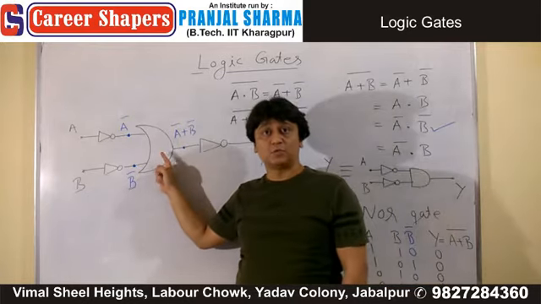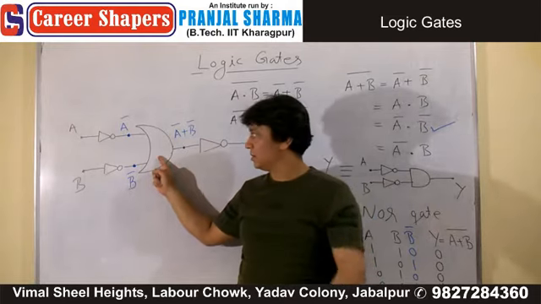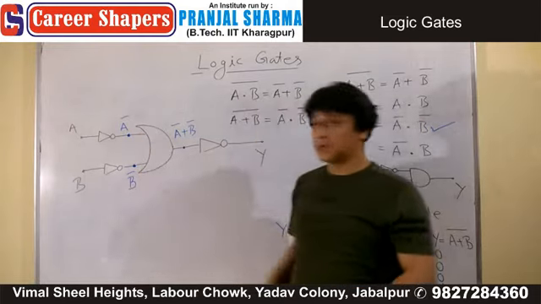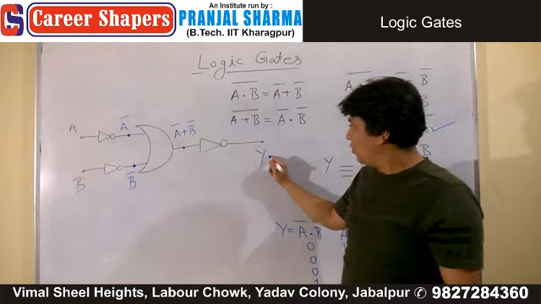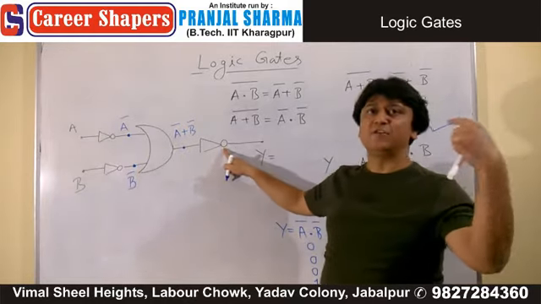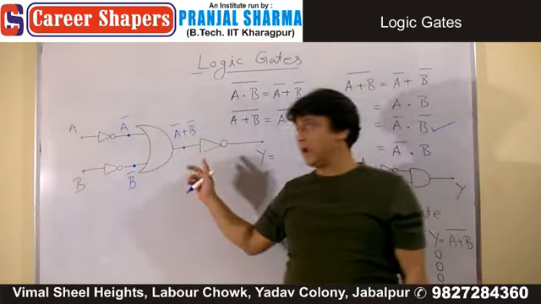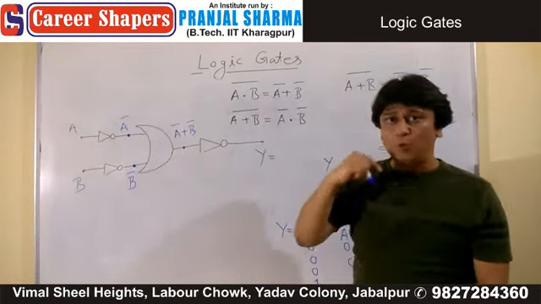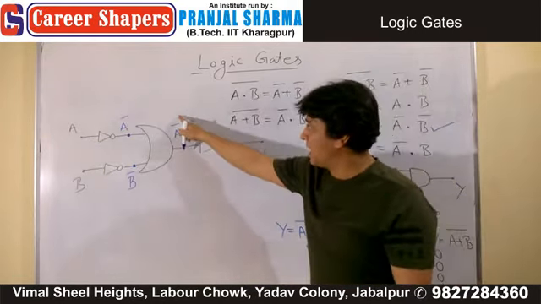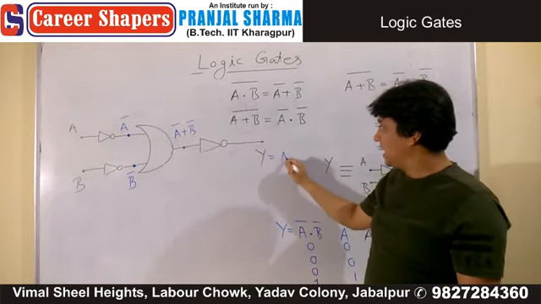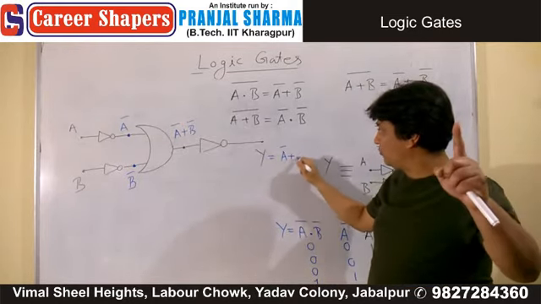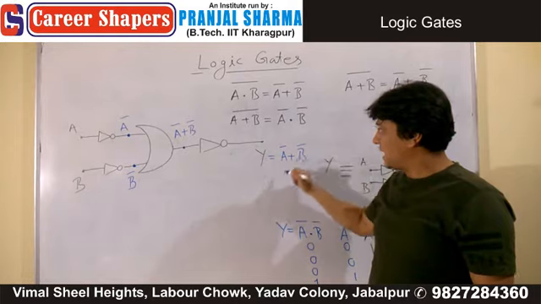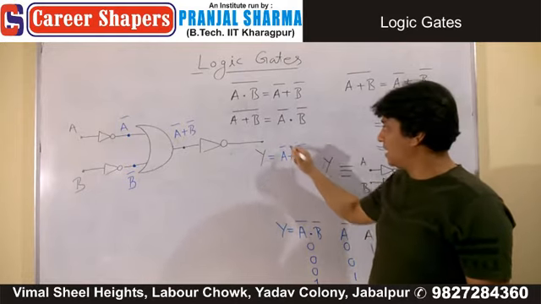What is this? OR, plus. Now, what is this? It inverts. If you give A, it makes it A bar. But we have given it A bar plus B bar. And therefore, look carefully, this is A bar plus B bar.